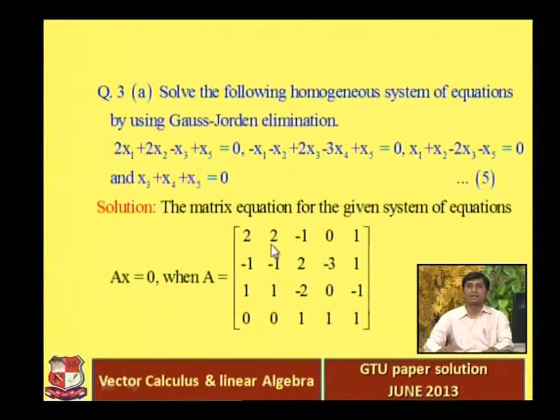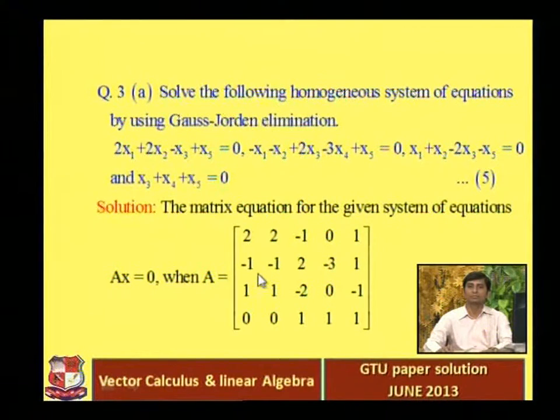So here is the matrix. The first row comes from the first equation, exactly the coefficients of x1, x2, x3, x4 and x5. That is 2, 2, minus 1, the coefficient of x3 is minus 1, then 0 as the coefficient of x4, and then 1.